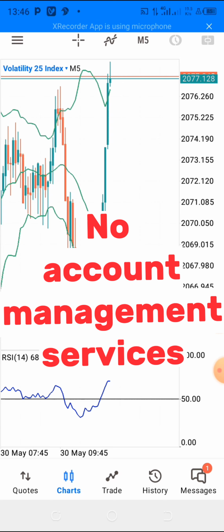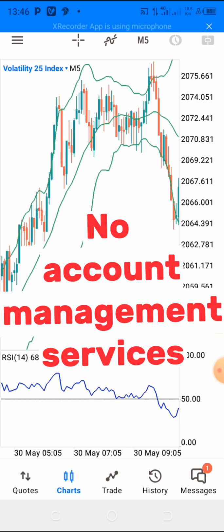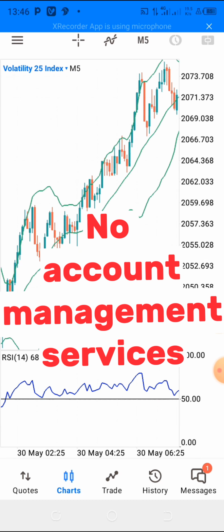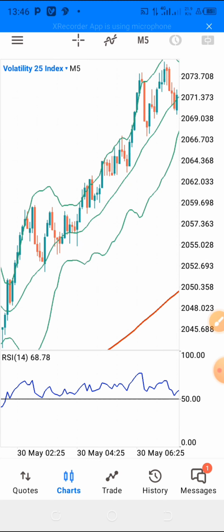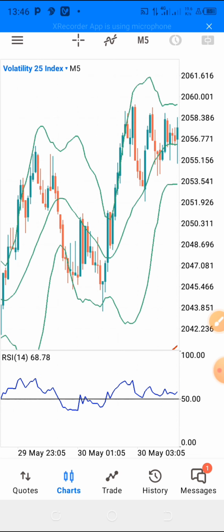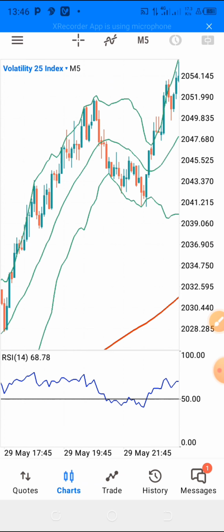So please be on alert. DC does not offer any account management services. What we only offer are VIP signals, EAs for Boom and Crash and for Volatility, and indicators. We also have mentorship programs which you can join if you want to learn how to trade indices or trading in general.